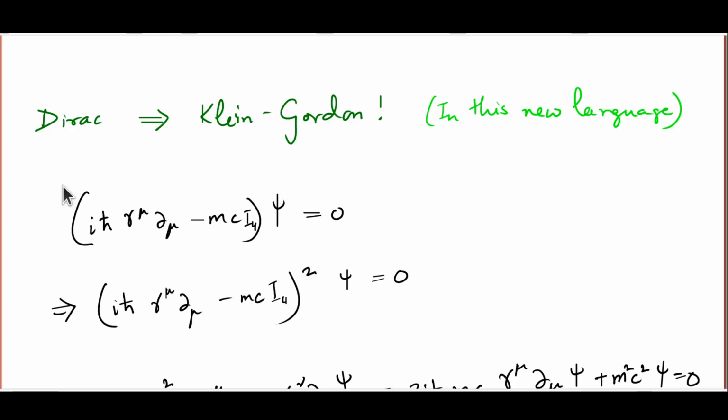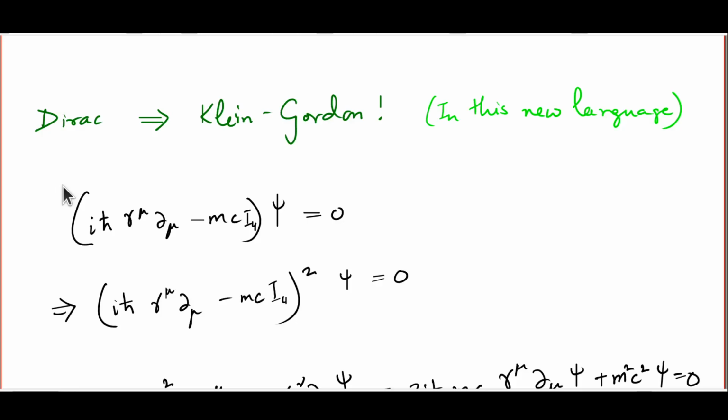For this, what we need to do is first write the Dirac equation in the form of an operator acting on the wave function. Remember, once again, here the wave function is a 4x1 column matrix, and the operator really is a 4x4 matrix valued operator. i h cross gamma mu del mu minus mc I4.